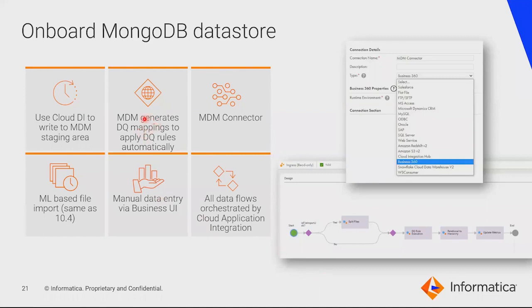MDM generates data quality mappings to apply DQ rules automatically. And then using these native connectors that come out of the box, you can pull data from all these different sources, be it in a flat file or a hierarchical model. And you can also do mass import to land your customer data inside of MDM SaaS. All data flows can be orchestrated by cloud application integration as well.